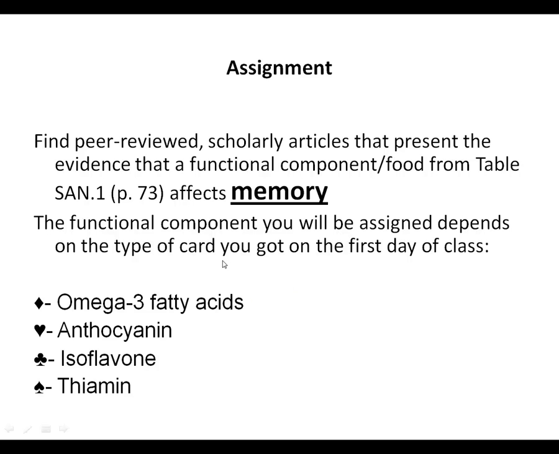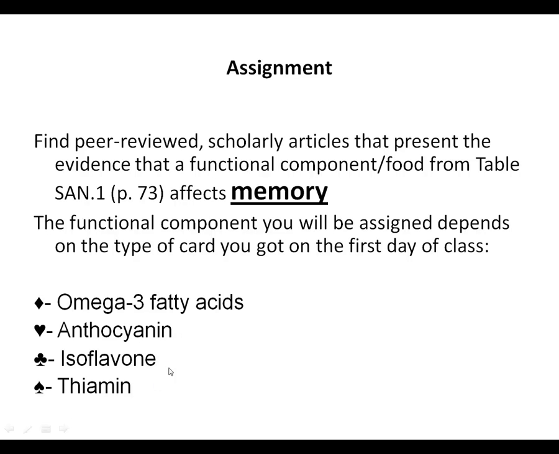Which one I want you to do depends on what symbol was on the 3x5 index card that I gave you on the first day of class. If your symbol was a diamond, I want you to take omega-3 fatty acids. If your symbol was a heart, do anthocyanin.